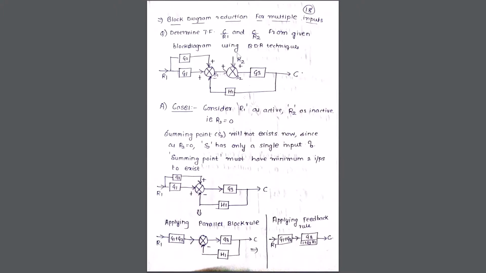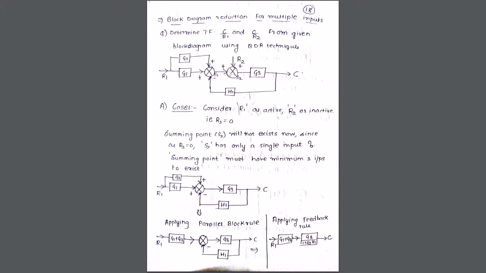So when you only find out C upon R1, by default, consider R1 as active and R2 as 0. If you make R2 as 0, the summing point will have only one input then. And I told you the summing point should minimum have two inputs at the start of the lecture.